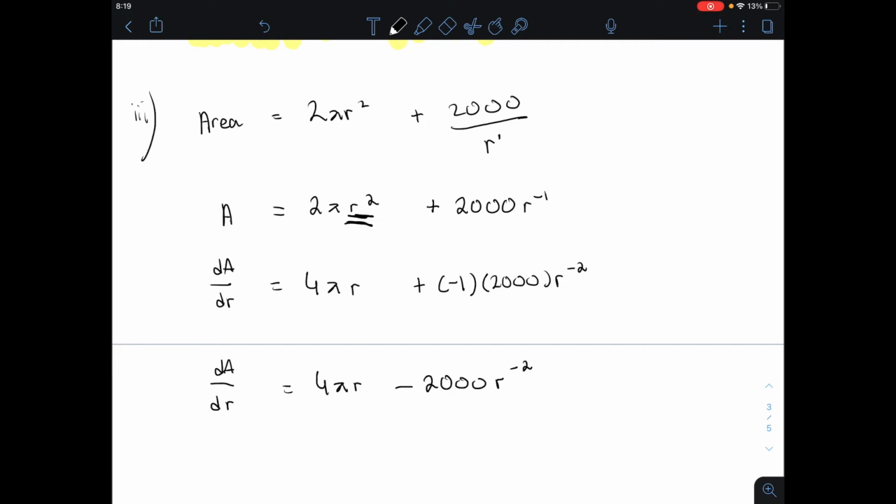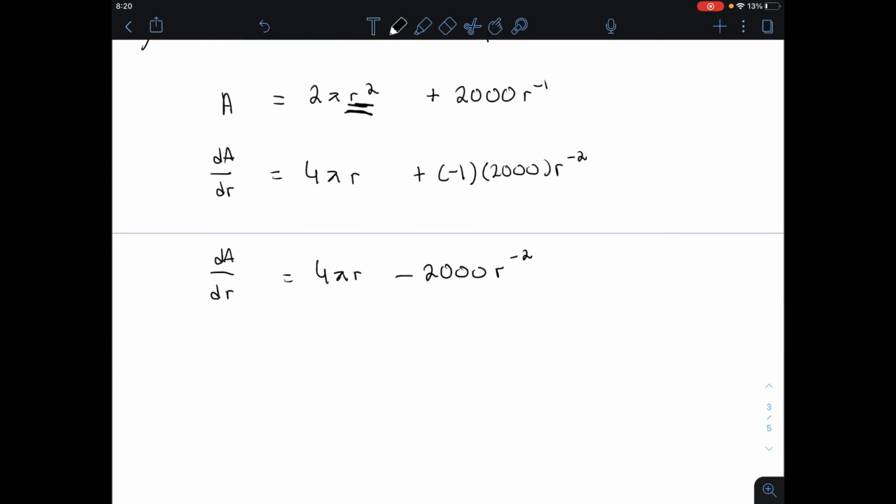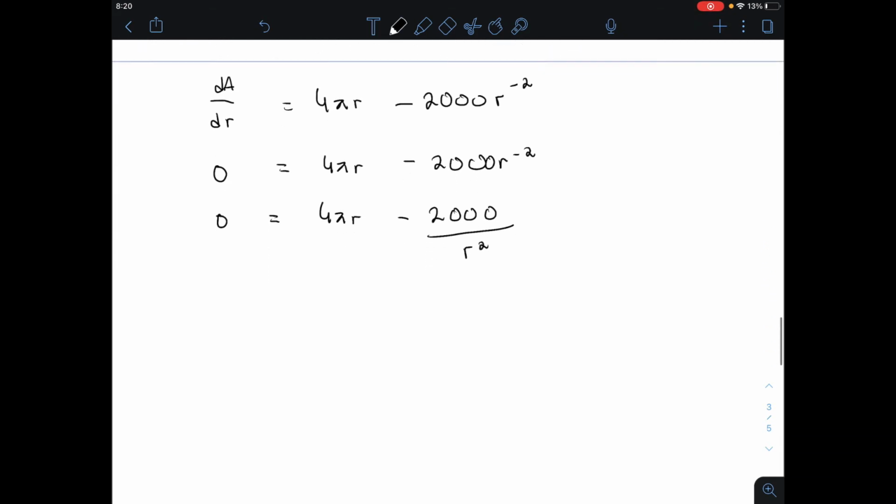Okay, so from here I want to solve for the minimum value of r. In our case, we're looking for the minimum value here. So I'm going to put my equation equal to 0 and solve for my unknown. To solve for r, the first thing I'm going to do is change my negative exponent back to my denominator and write it as r squared.